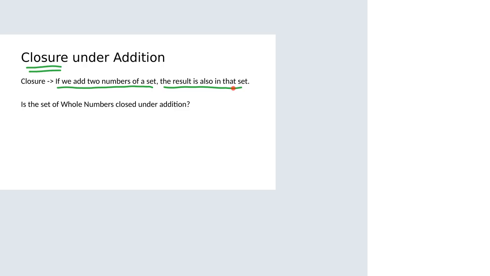I'm going to see if I can find an example that would make this false. So I'm just going to try some. I want to add two whole numbers, so let's try 5 and 8. I get 13. Yeah, that's a whole number. So whole number plus whole number gave me a whole number. In this example, and this is just one, yes, it's closed.